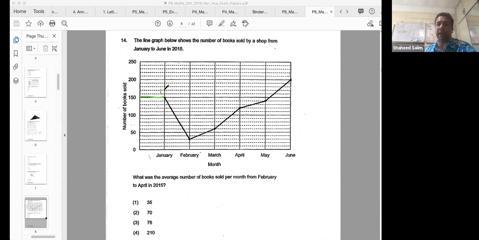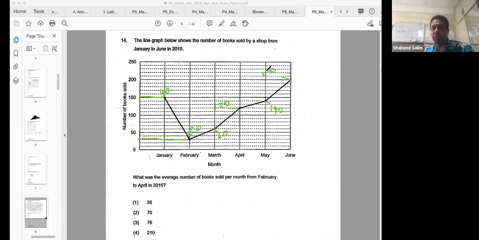This is 150, right? 150. This one is 30. Next one is 60. Next one is 120. The next one is 140. And the final one is 200.